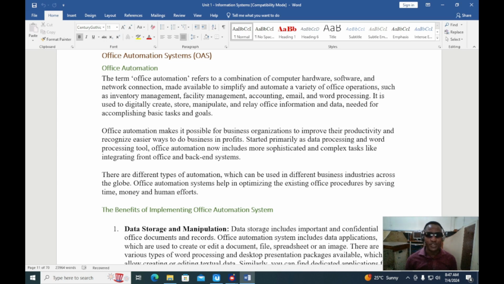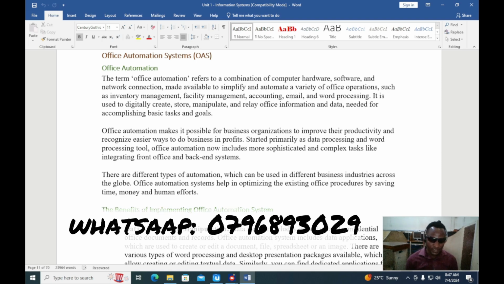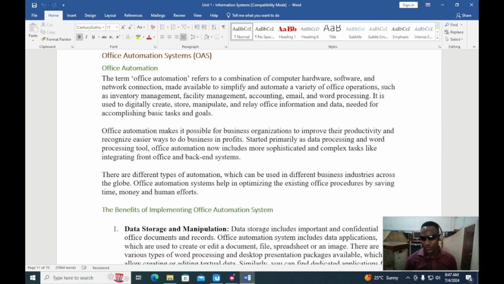So we normally use it to create, store, manipulate and relay office information digitally. So we are able to accomplish some basic tasks and even goals digitally. Office automation is going to make it possible for business organizations to have improved productivity, and also for these businesses to realize easier ways to do business that are going to create profits.